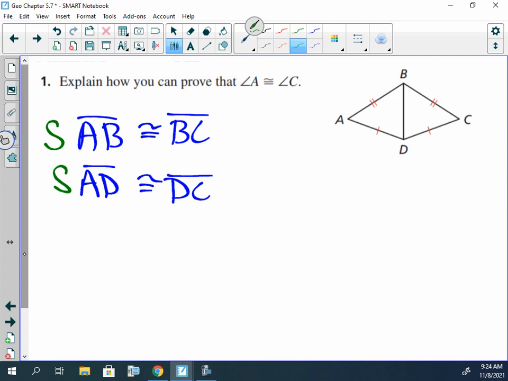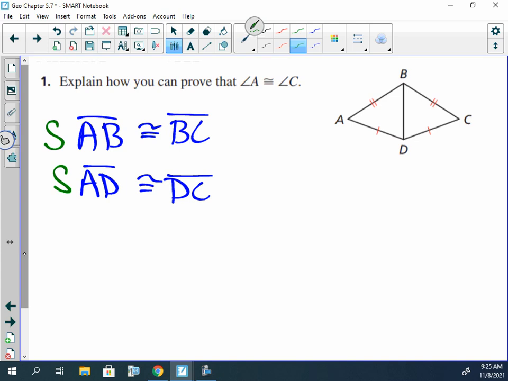Now, are these right triangles? No. Could they be? Maybe, because the figures lie. They don't always look like what they should. But most likely, we don't have any information that this is a right triangle, correct? So hypotenuse leg is not possible. Side angle side, well, are we given an angle? No. So the only one that can work is side side side, yes?